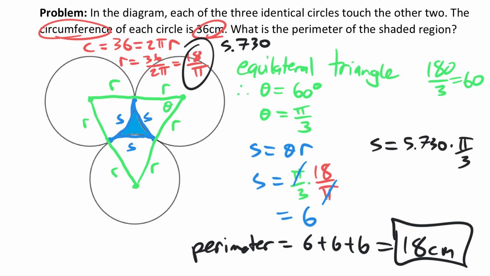Well, 5.730 times pi over 3 is going to give us, let's see here, some number, 6.00044. And then being the good student that you are, you keep that number on your calculator and you multiply it by 3, because there's 3 sides, making sure not to round too early, and now you get 18.001 centimeters.